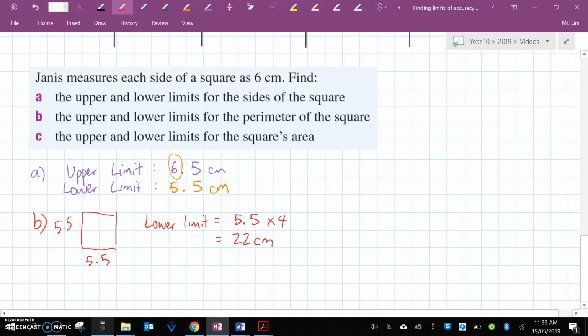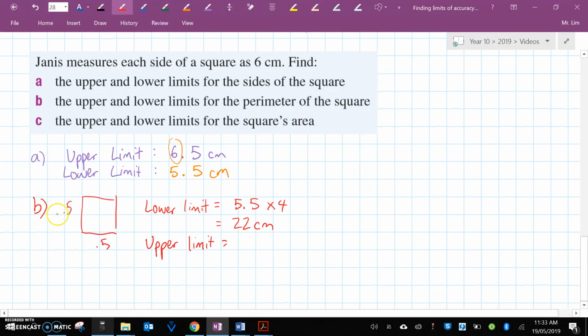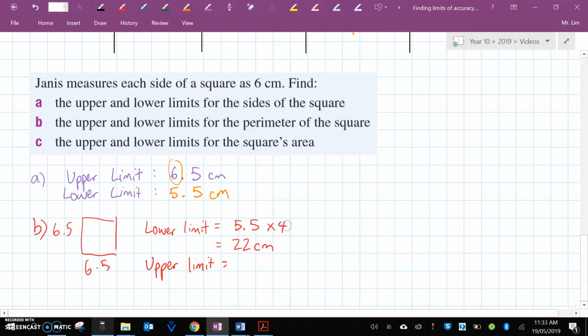But what if the sides were actually 6.5 centimeters long? Then the upper limit of the perimeter is 6.5 times 4, which is 26 centimeters.